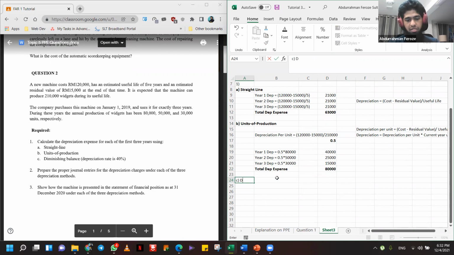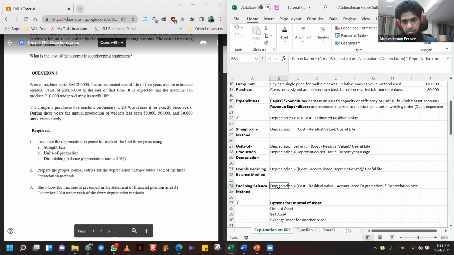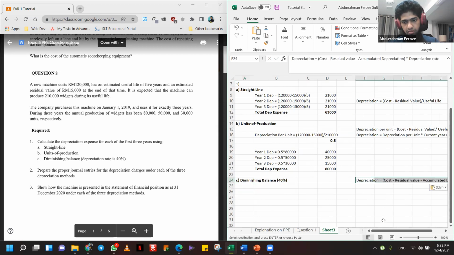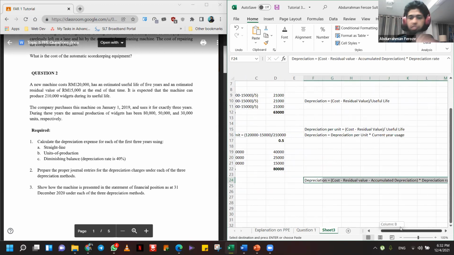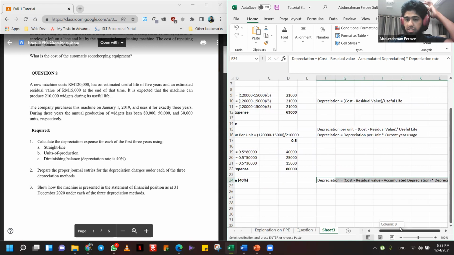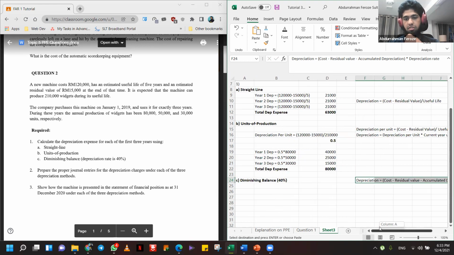All right, then we have the diminishing balance method. This is the trickiest one, okay? The rate is 40%. The formula for each year is basically cost minus residual value minus accumulated depreciation, into the depreciation rate.